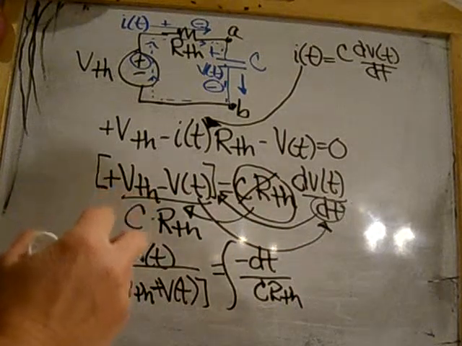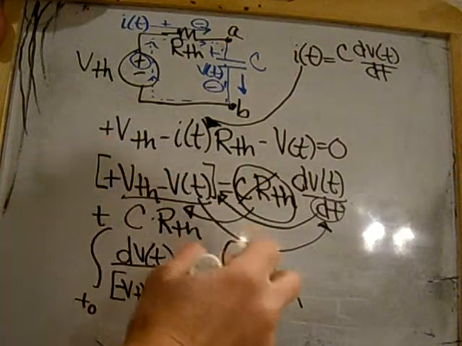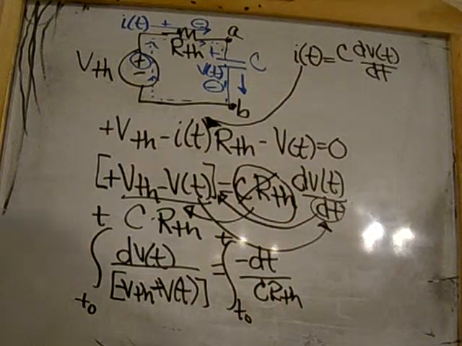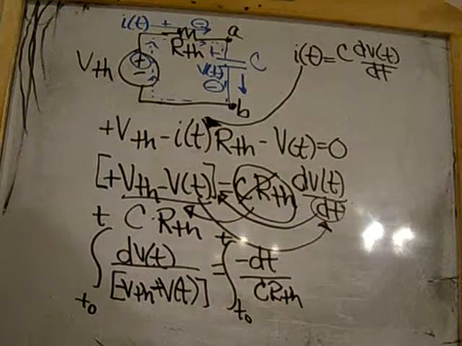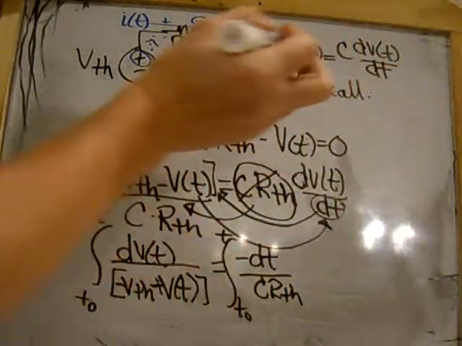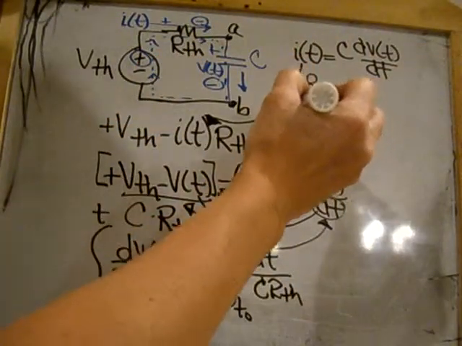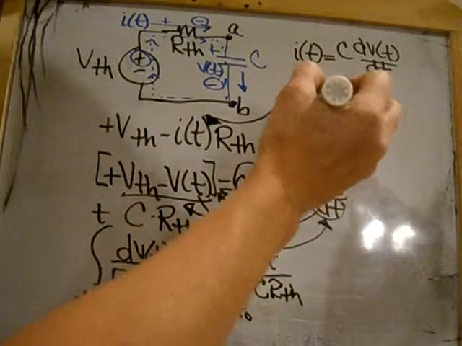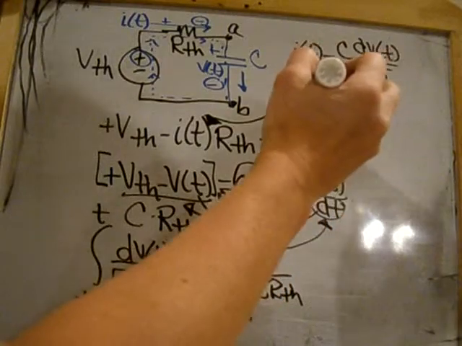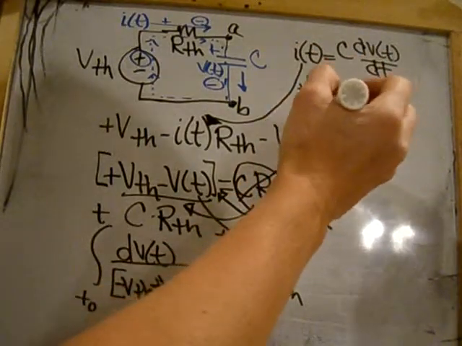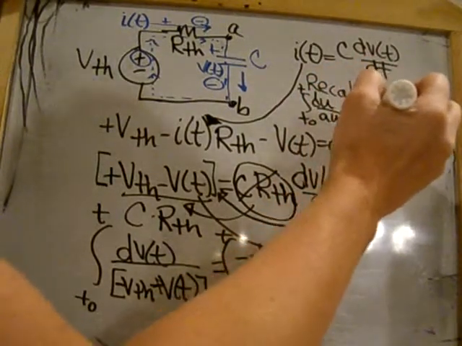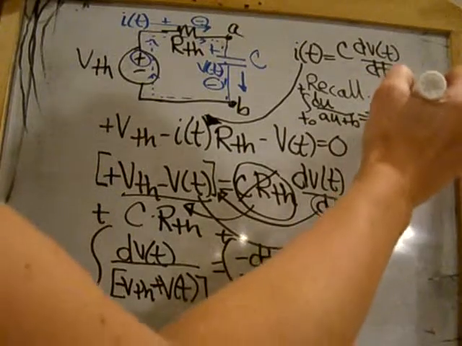I can then take the integral from t0 to t on each side of this. And recall that the integral of u, which is du over au plus b, is equal to 1 over a natural log of au plus b.